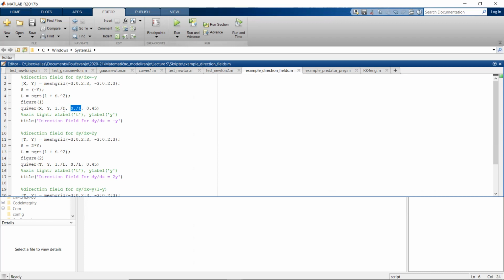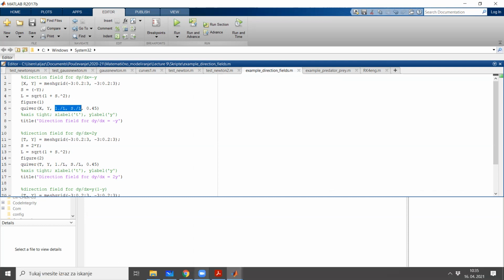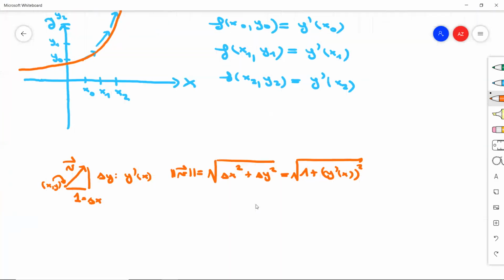And why do I divide by L? I divide by L to make all those vectors of unit length. Here I computed the length of each of those vectors, and now I make each of those vectors of length 1. That's why I divide by L. So I make v a unit vector. It's 1 over L in the code, and then the second component is y prime of x over L.